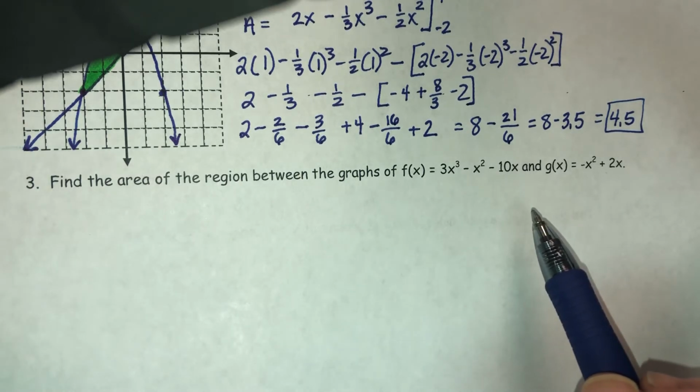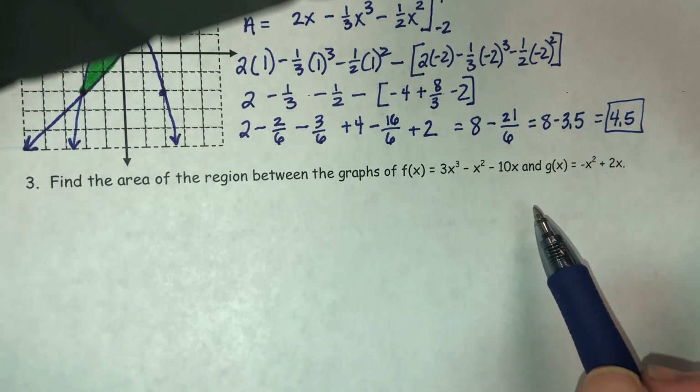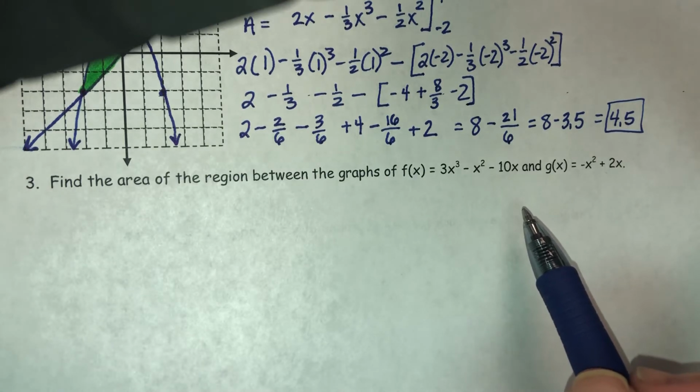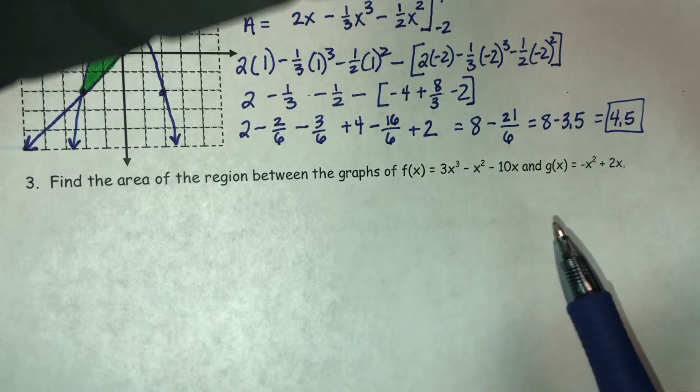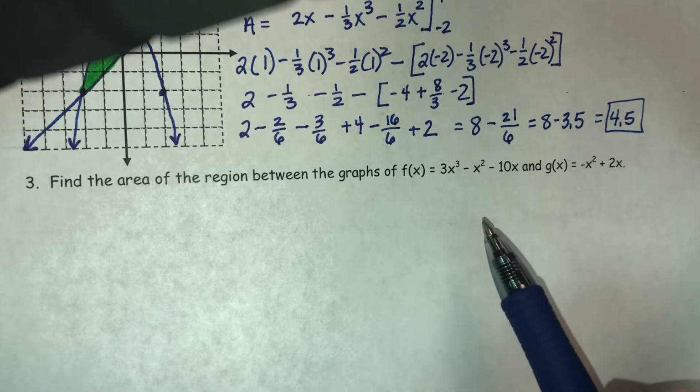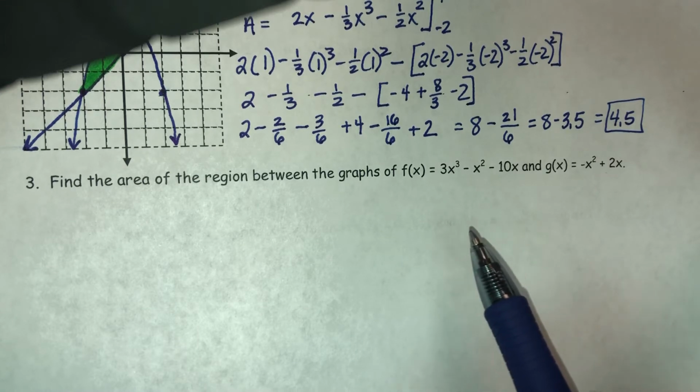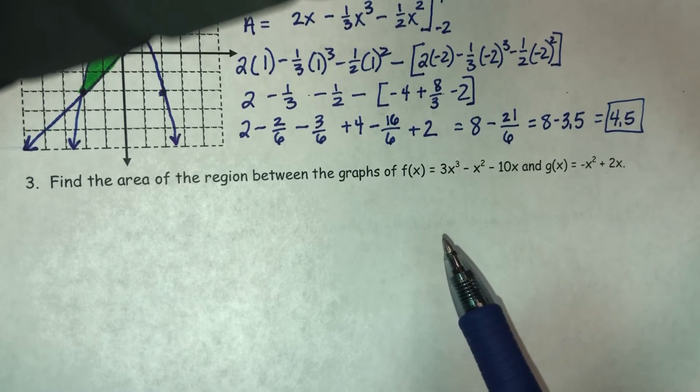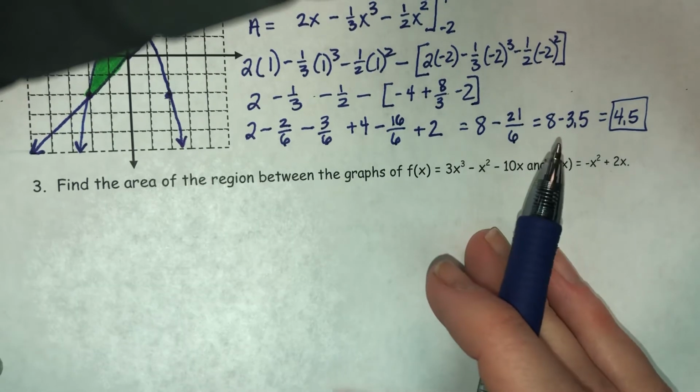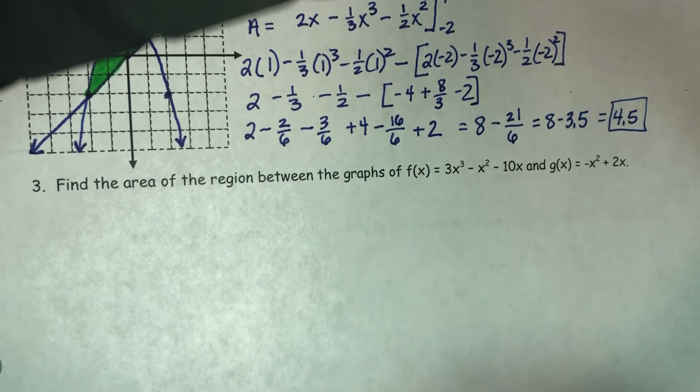So we don't need to make a graph of these two functions in order to find out how to set up this integral, where they intersect and which one's above the other. What we are going to do is do this by hand without the use of a calculator and without the use of making a graph.